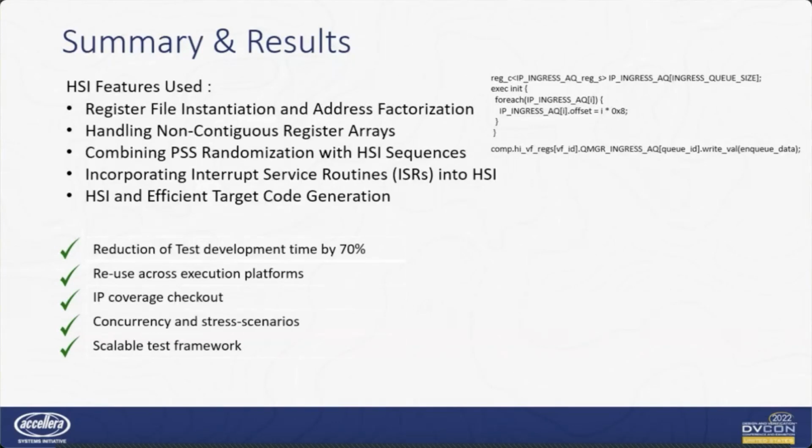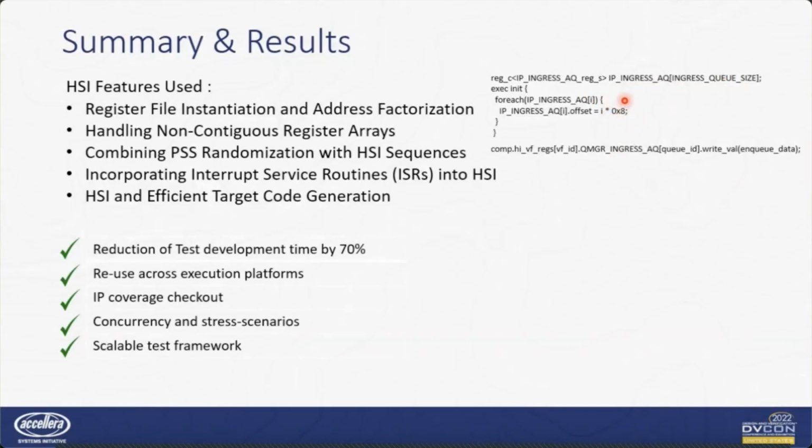Another interesting one was handling non-contiguous register arrays. In our IP, we had a lot of registers which are basically register arrays. If we see over here, this is a register which is basically an array, and if you assume it to be a 32-bit register, you would assume that all the registers are at an offset of 4.